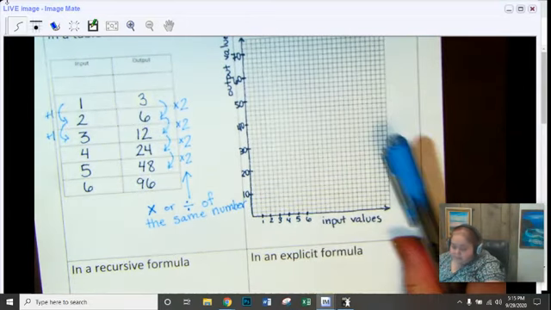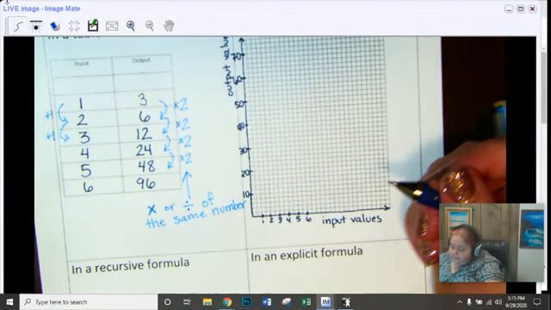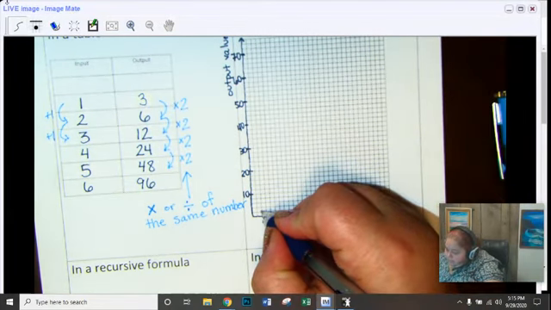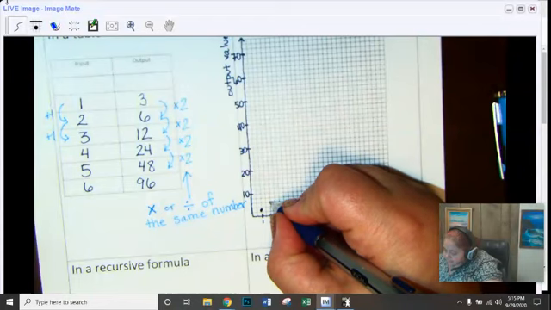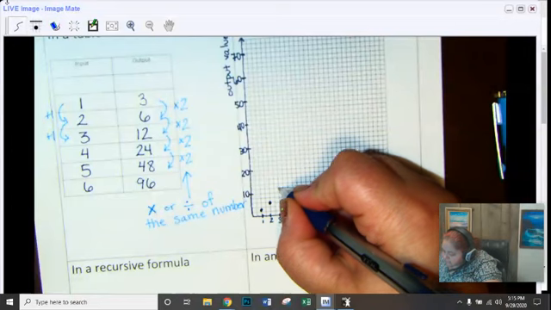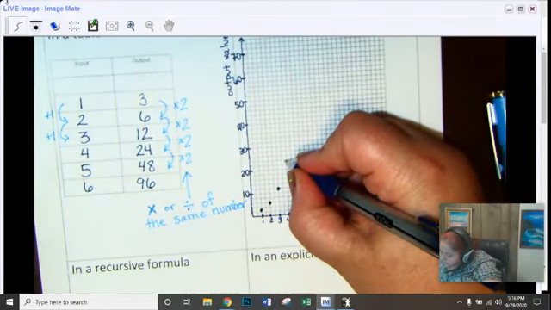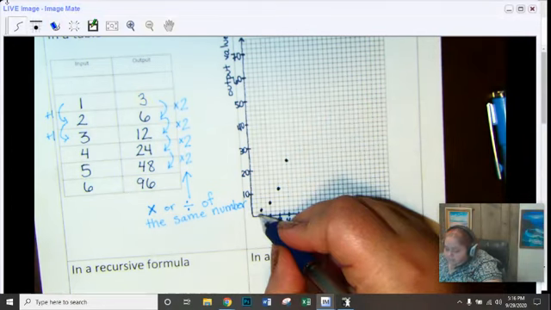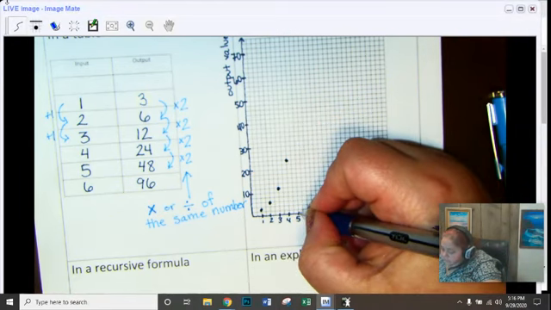On a graph, you're going to be looking for something a little different. So instead of finding a linear pattern, you're likely to find a curved pattern. 6, 12, and then 24. So it starts off kind of growing slowly, and then it starts to shoot up and grows really, really fast.